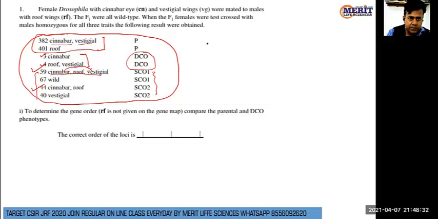So how much is the SCO? Take SCO 44 plus 59. What is this? This is SCO. So what will be the final addition? 103, I think, right? And what about the DCO? DCO will be how much? 3, right?